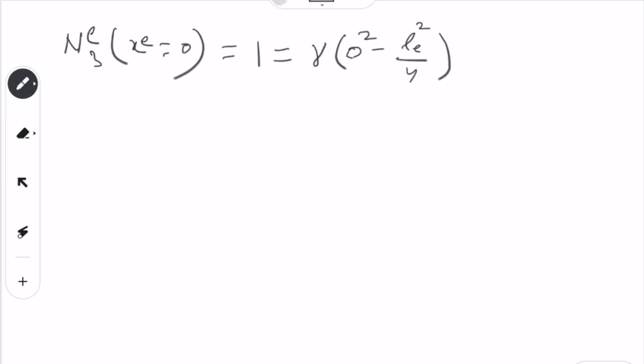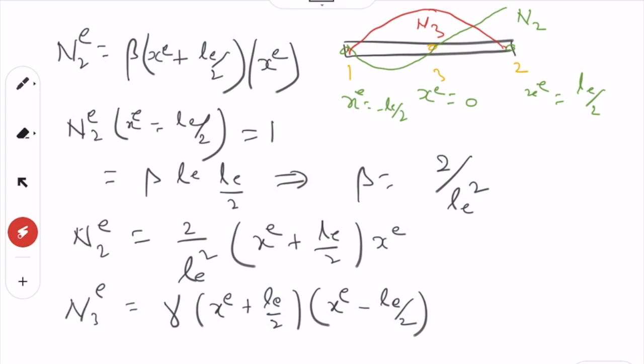So we have xe plus here, xe minus here, the same thing. So we have xe square minus Le by 2 square.